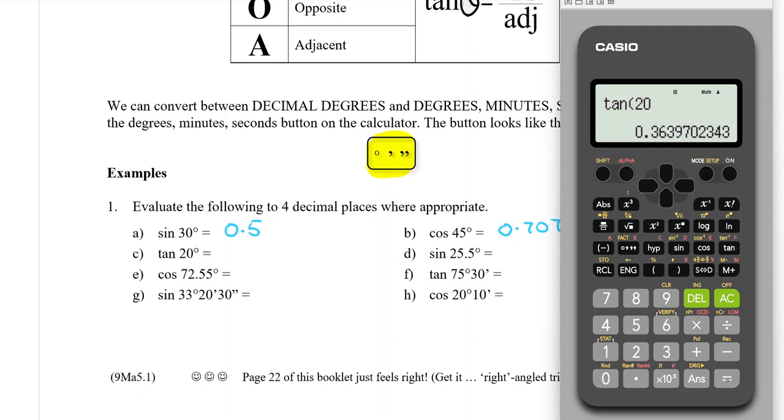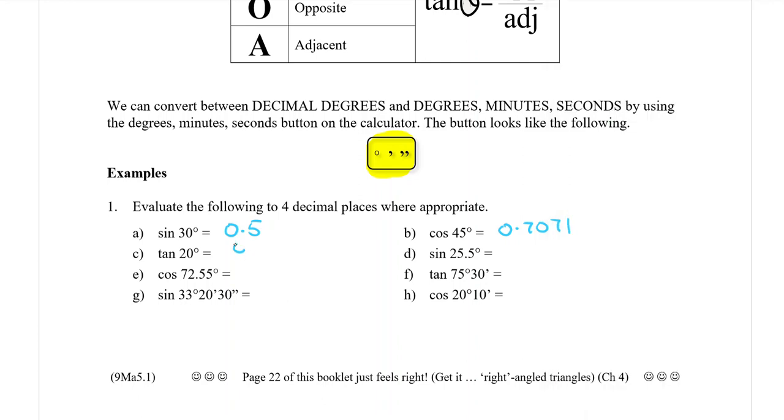Rounding a 9 up is never nice. What happens when you round a 9 up? That one goes up. So 0.3640. You still need to make sure that even when you round up the last one, you put the 0 there to show that there are 4 numbers after the decimal point.